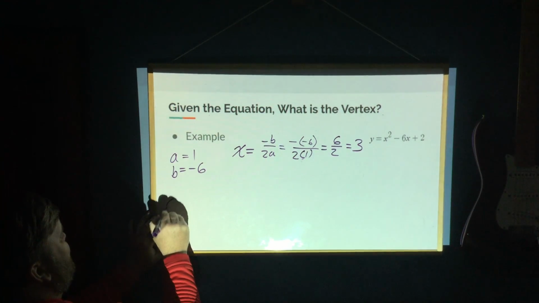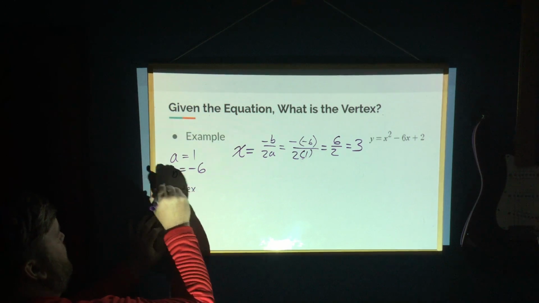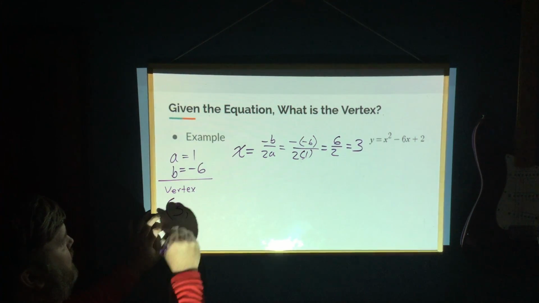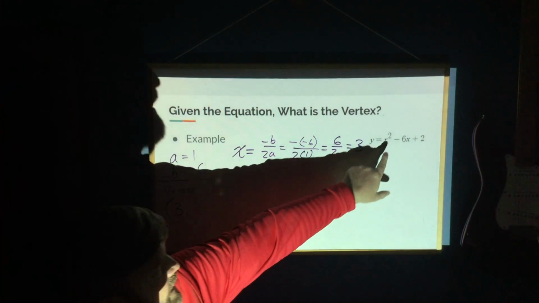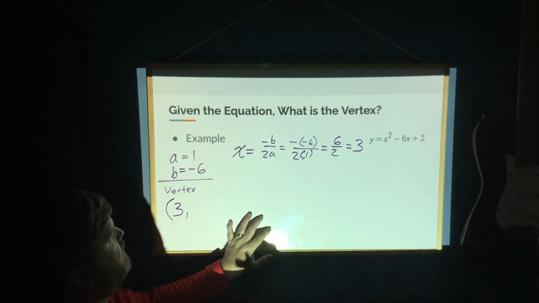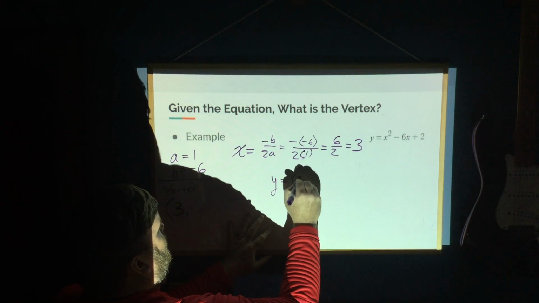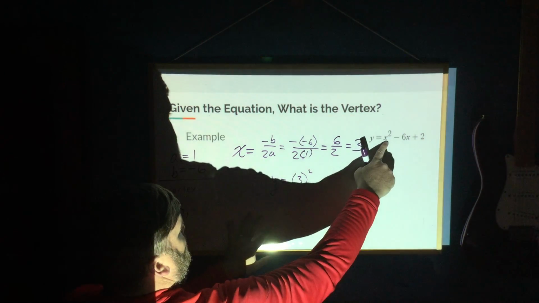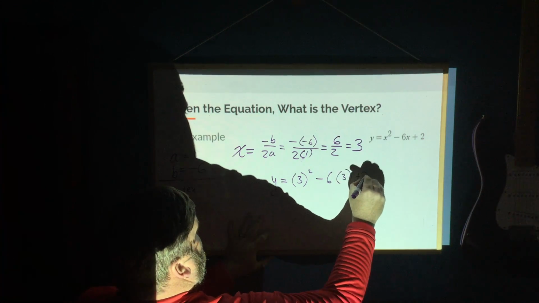Okay, so that means the x value of our vertex is equal to 3. Now I'm going to take 3, plug it into the equation, and I'll solve for y, and that'll give me the y value. So I get y equals 3 squared, because it was x squared, minus 6 times 3 plus 2.